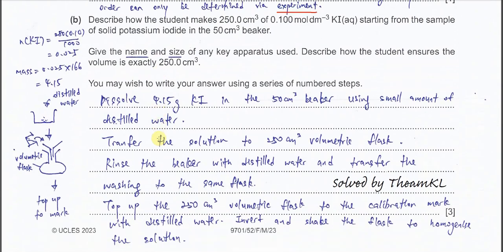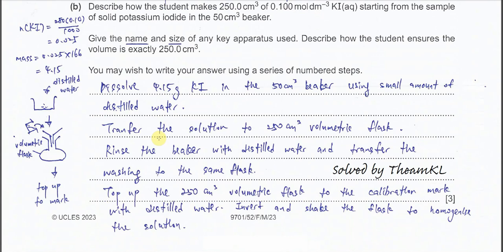Part B. Describe how students mix 250 cm³ of 0.1 mole per dm³ KI, starting from the sample of solid potassium iodide in the 50 cm³ beaker. So now, it's better for you to calculate the mass of the KI involved.